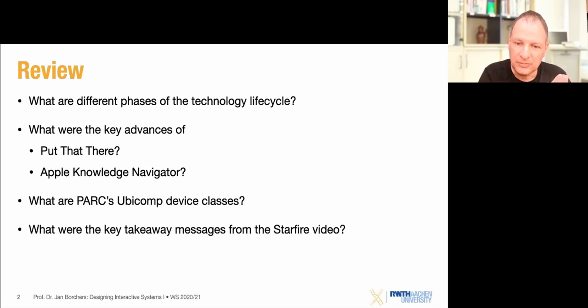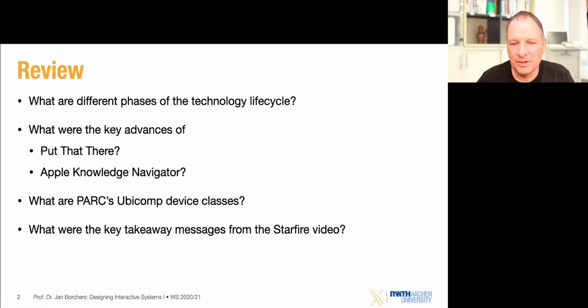And how to avoid falling into certain traps, like imagining technology to always work perfectly, like you were just pointing out, Marta, or assuming features without really planning ahead what the system is going to be able to do and not do. There's a couple of messages there that you also find in the short reading assignment around the Starfire video prototype from the Kai paper. And also some very mundane recommendations on how to save money by shooting things where you don't need to show the exact interface, but you show people's reactions to it.